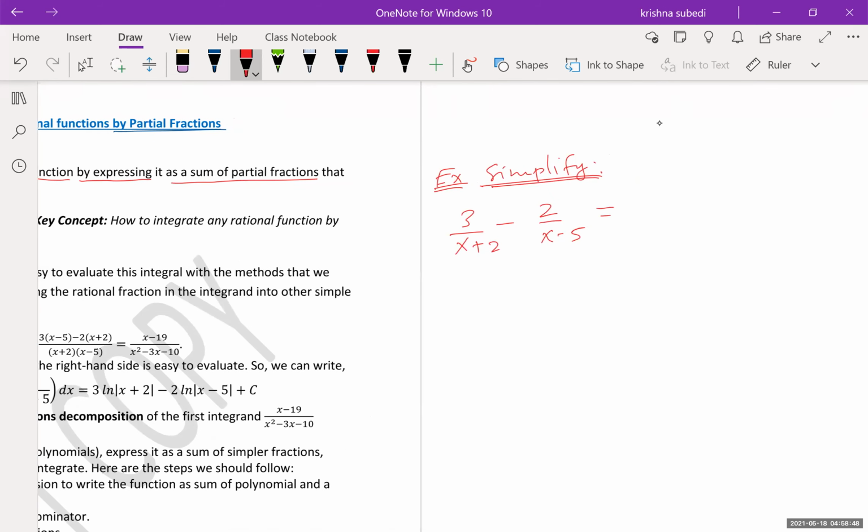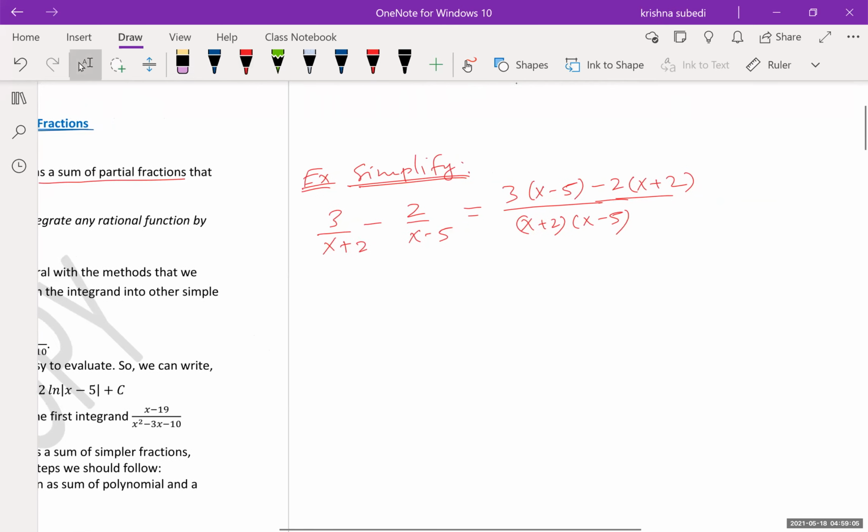So if you simplify, what you're going to get is x plus 2 and x minus 5 in the denominator. And so you're going to get 3 times (x minus 5) minus 2 times (x plus 2), right? That's how we simplify it.